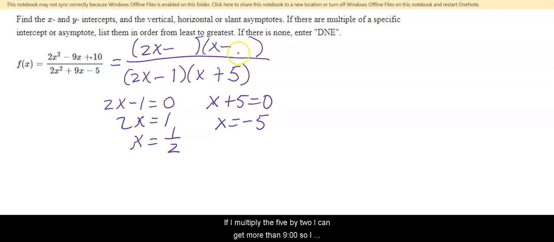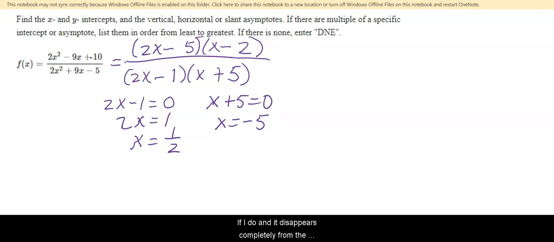If I multiply the 5 by 2, I again get more than 9. So I will place the 5 so it does not multiply by 2, and the 2 so it does. This gives me minus 5x minus 4x for minus 9x in the middle. Then I look to see if I have exactly the same factor in the numerator and denominator.